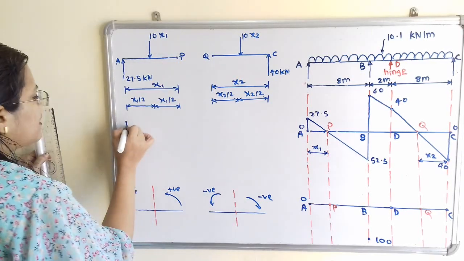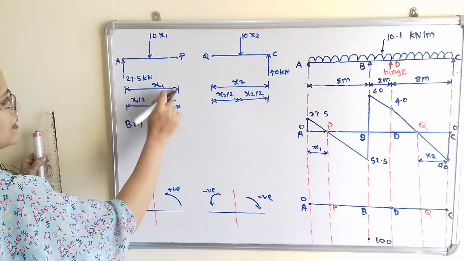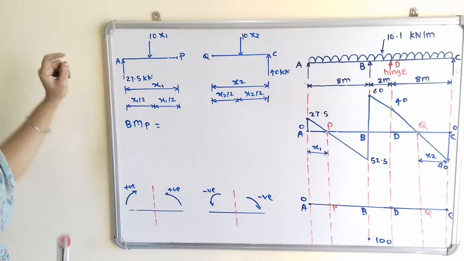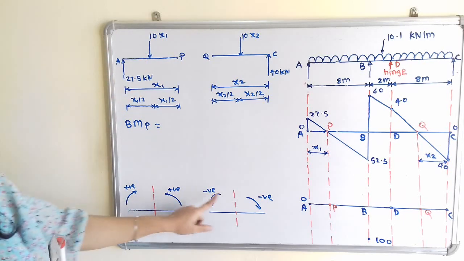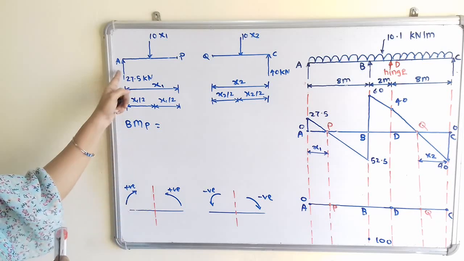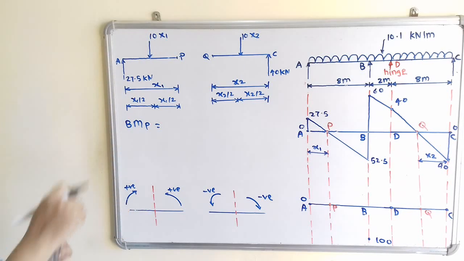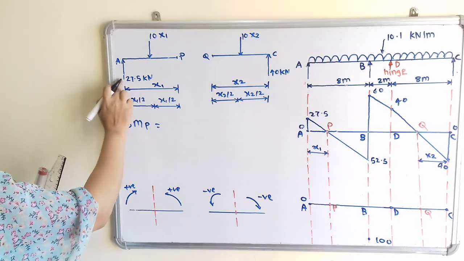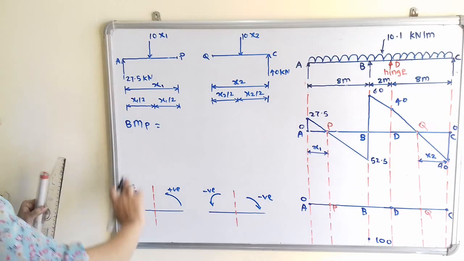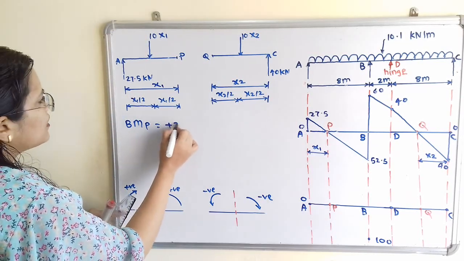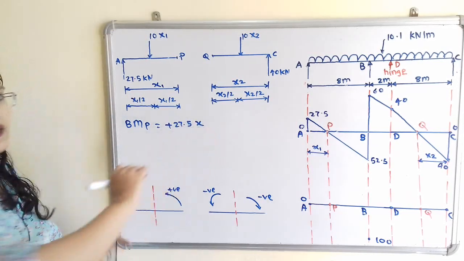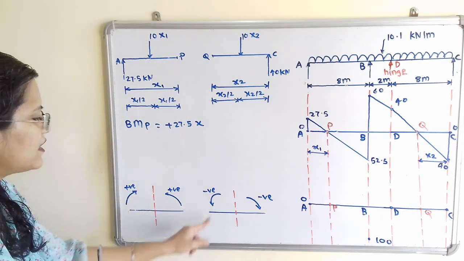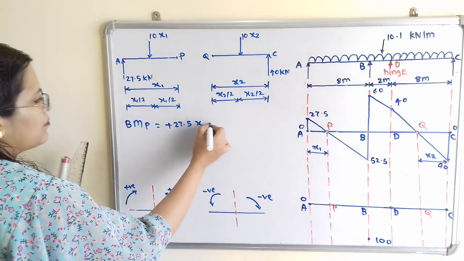So first I will take bending moment at a distance x1, that is at point P. So summation of moment of all the forces. If we observe there are left hand side forces. If the moment is in clockwise direction, use positive sign. So about point P, this reaction, that is RA, is in clockwise direction, so use positive sign. So plus 27.5 multiplied by x1. Then here this 10x1 is in anti-clockwise direction, so use negative sign, minus.